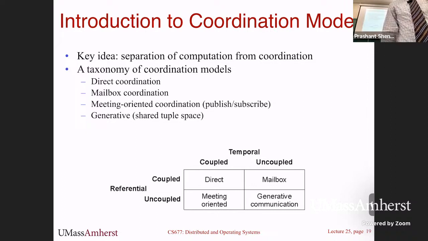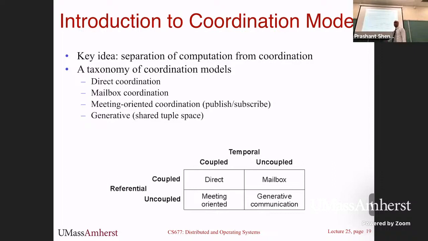Unlike a standard RPC, where you send a message, the server processes it, and sends back a response. That's our direct model. In the mailbox model, you are no longer coupled in time. You're uncoupled in time, which means that sending and receipt are going to happen at very different times. That's what uncoupled in time means. So that's another way of having communication between the client and the server.